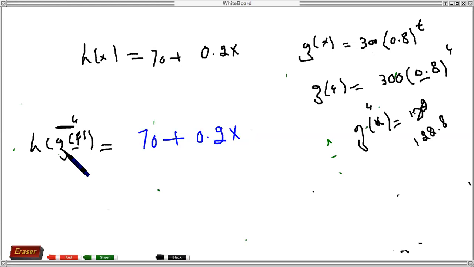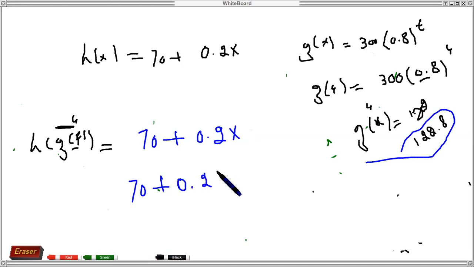Then g of 4 value, you can see g of 4 value is 122.8. So 70 plus 0.2 multiply with 122.8.